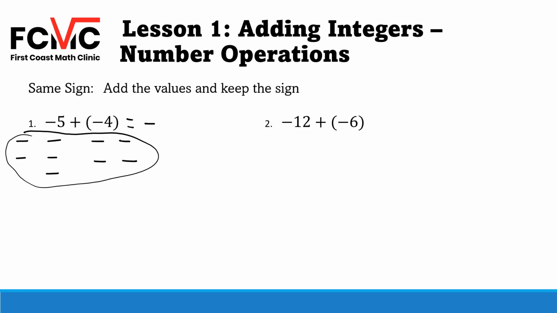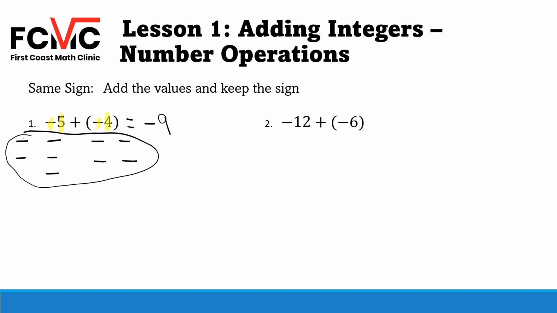So this is -9. We're adding our two numbers, 5 and 4, and we're keeping that negative sign. So we can represent this using some manipulatives, using just our negative signs and representing it visually.